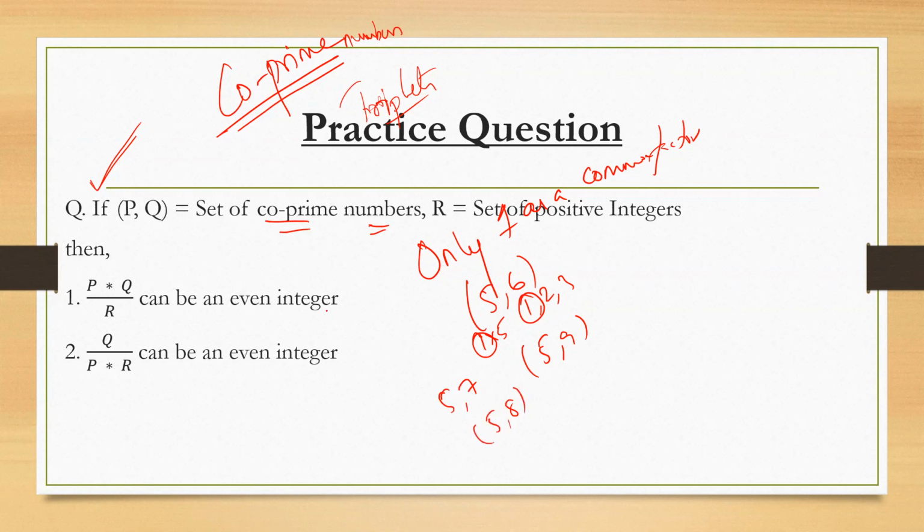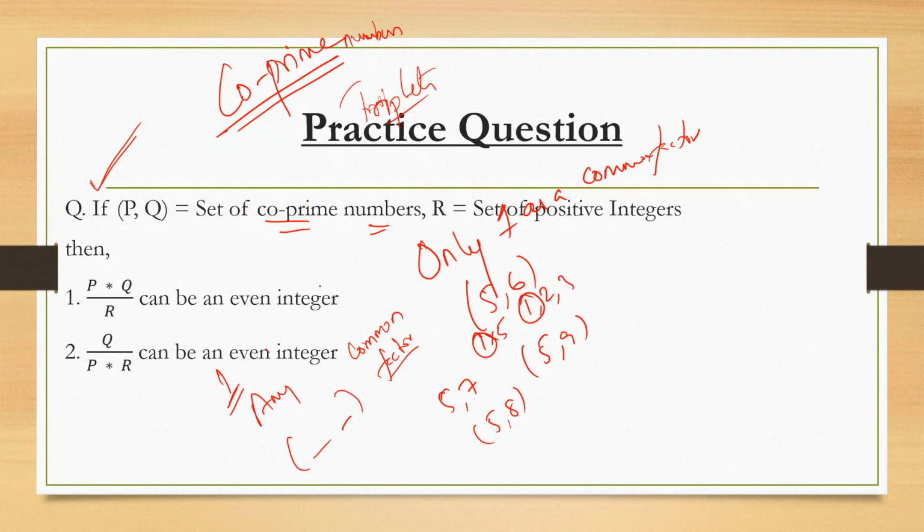So a set of co-prime numbers means any two numbers whose common factor is 1. They are always in pairs. When we say co-prime numbers, we mean two numbers are in pairs with each other, and their common factor is 1. That is known as co-prime numbers.